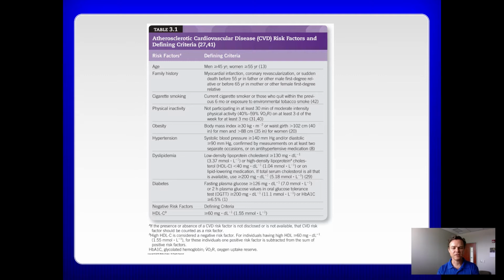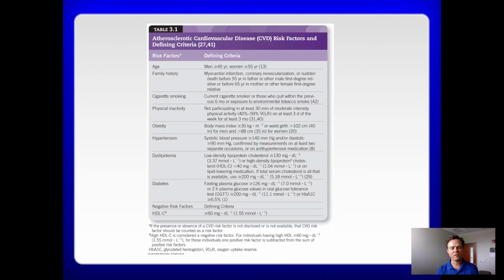Diabetes, which is a fasting blood glucose over 126, if they're fasting, an overnight fast, or if they've done an oral glucose tolerance test of over 200, so they drink a syrupy drink, and then they measure the blood glucose at regular increments.